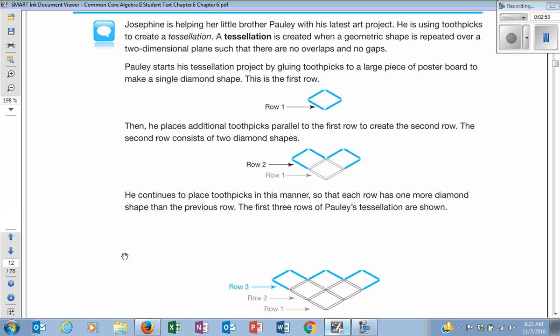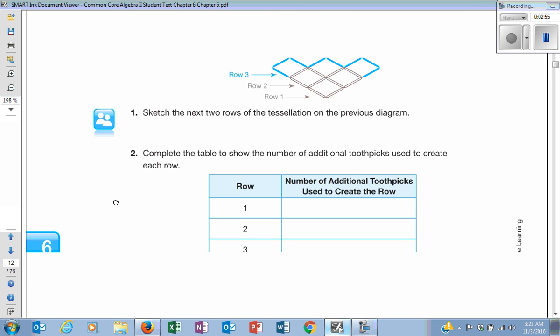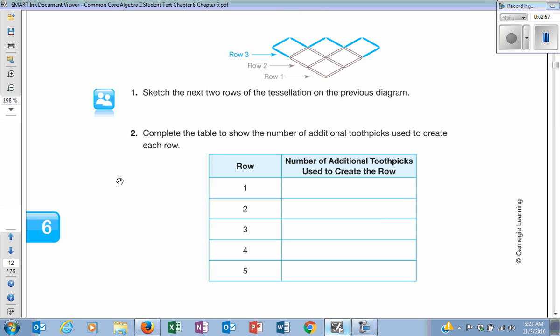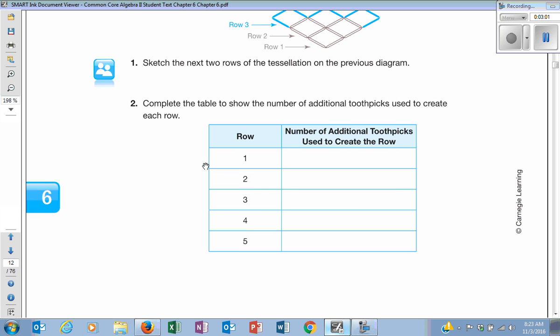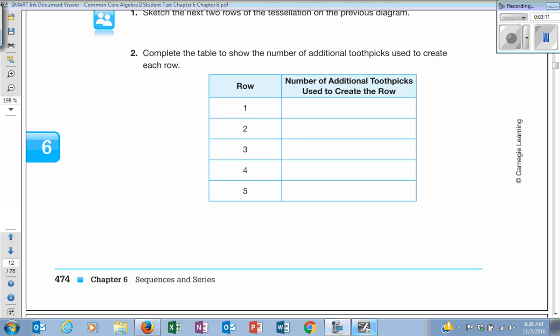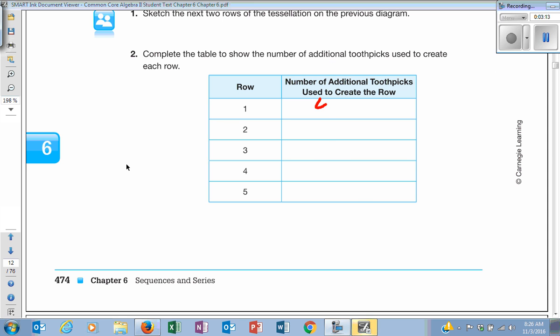So the first thing they ask us to do is a lot of 6-1 stuff, applying it to tessellations. Fill this table in real quick. If I was filling this in, I should have 4, 6, 8, 10, 12.